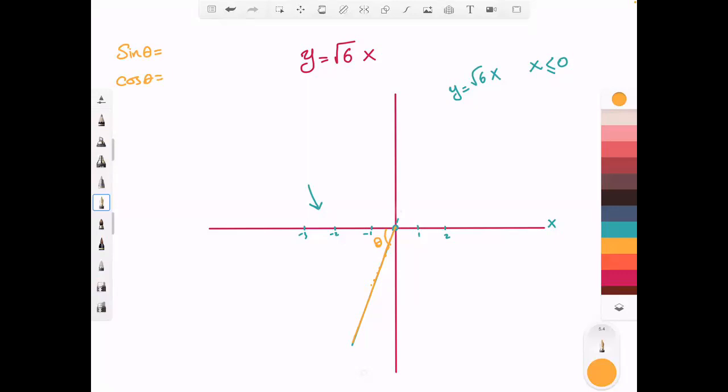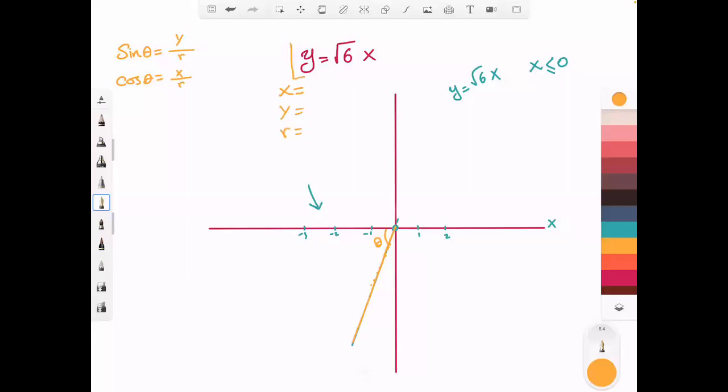In order to answer the sine and cosine, in your note sheet, you have sine equal to y over r and cosine is x over r. So we need to have what is x, what is y, what is r.